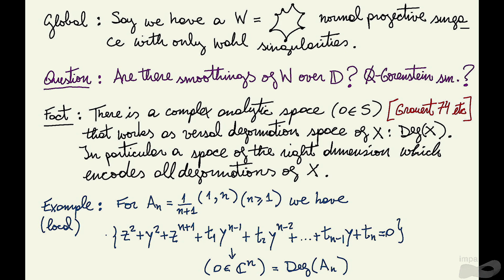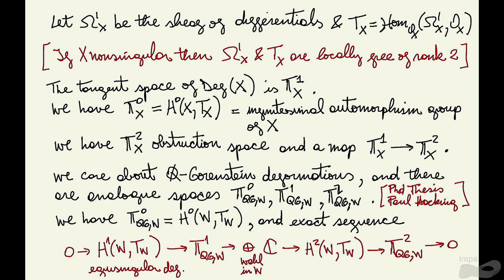There is a versal deformation space that I denote by Def X, which is a complex analytic space, where you can see all the deformations of this X. So all ways to deform this X. And for example, but this is again local, if you look at the A_n singularity, then this Def X for A_n would be C^n, and then this is the universal family over that base.